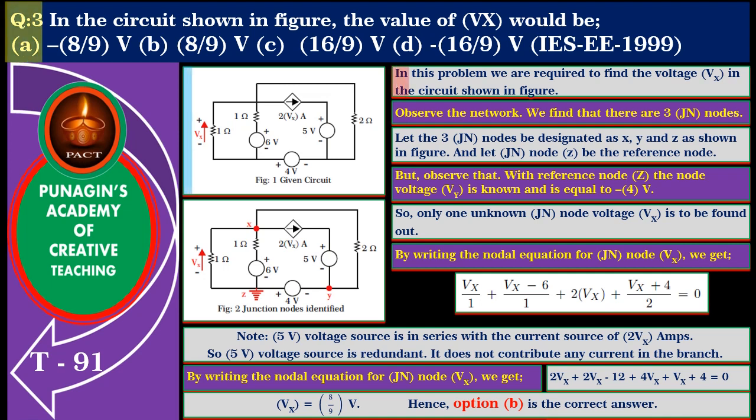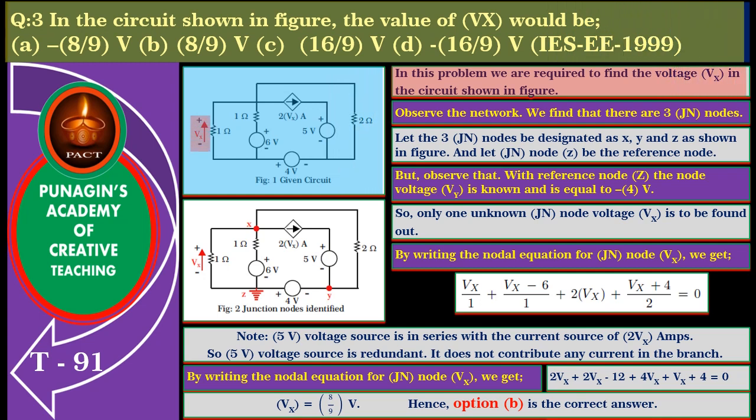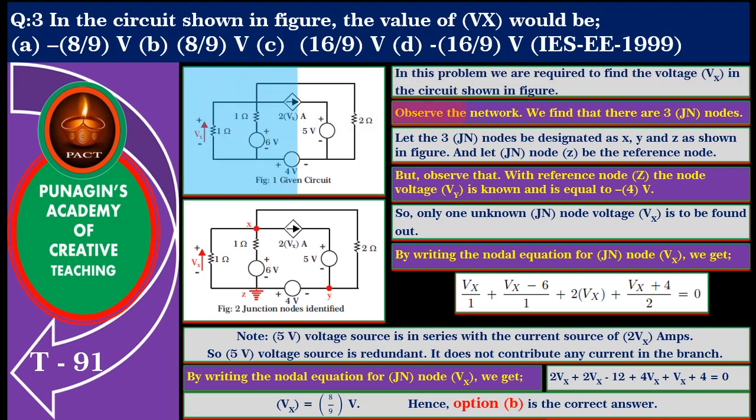Friends, in this problem, we are required to find the voltage Vx in the circuit shown in figure. Observe the network. We find that there are 3 junction nodes, and let the 3 junction nodes be designated as X, Y and Z as shown in figure. And let junction node Z be the reference node.